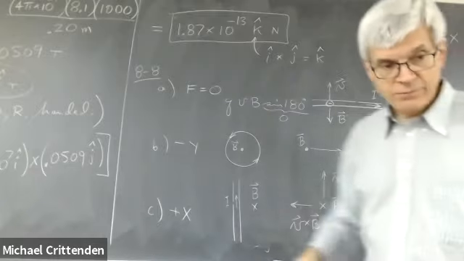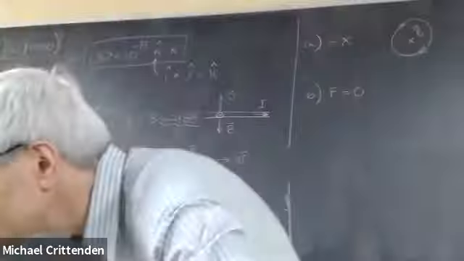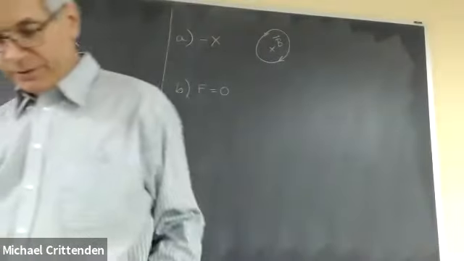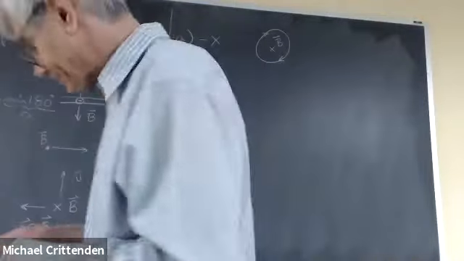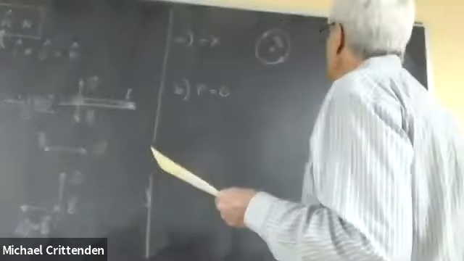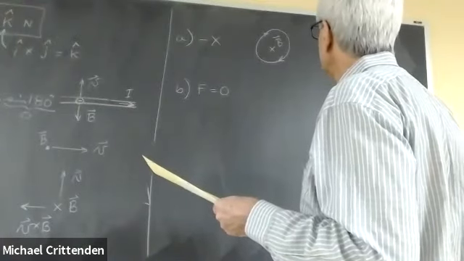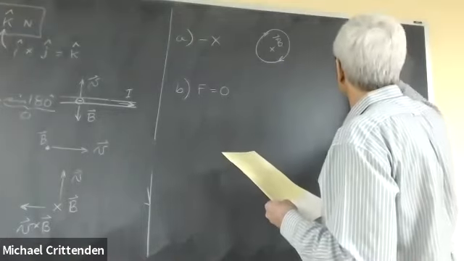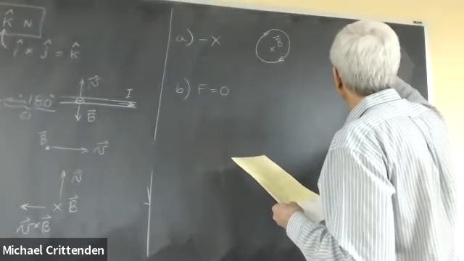Over here, where I haven't pointed the camera yet, the current goes in the opposite direction. The magnetic field that it creates points in the opposite direction. And after that, there's the B vector.